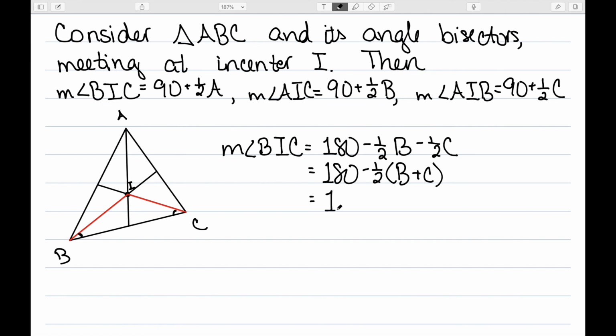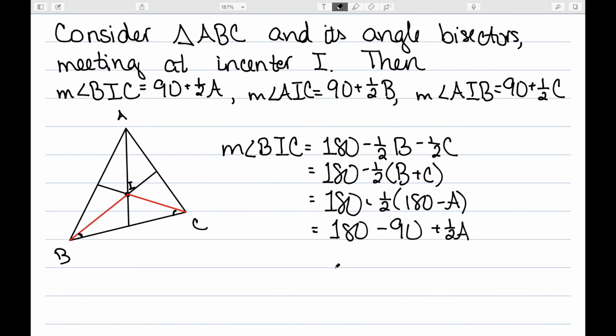Well, we know that angle A plus angle B plus angle C is 180, so B plus C is the same thing as 180 minus A. This gives me 180 minus (90 minus 1/2 A), which gives me the 90 plus 1/2 A that I needed. And like I said, the other two of these follow very similarly.